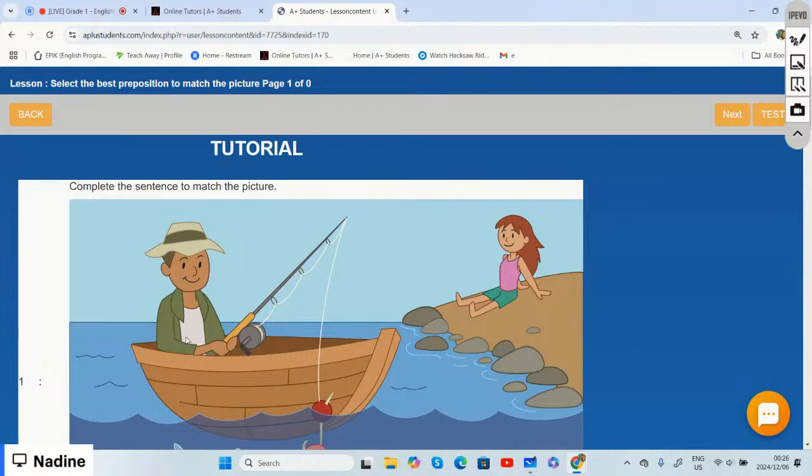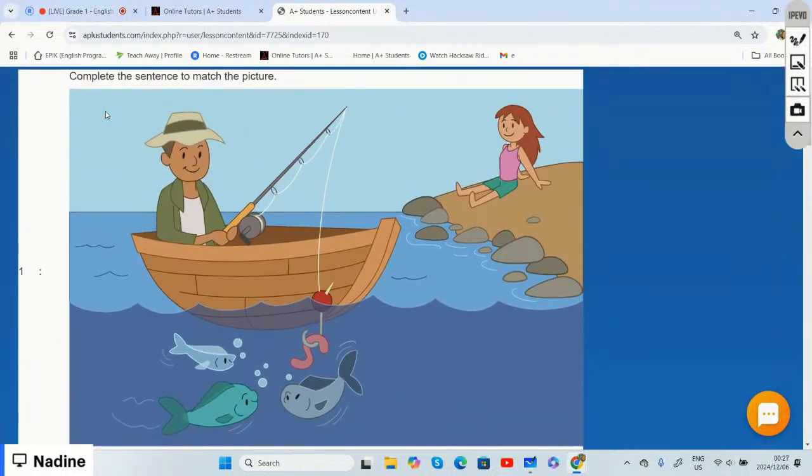So we need to look at the pictures and then, for example, write down or identify the prepositions. So we need to select the best preposition to match the picture.